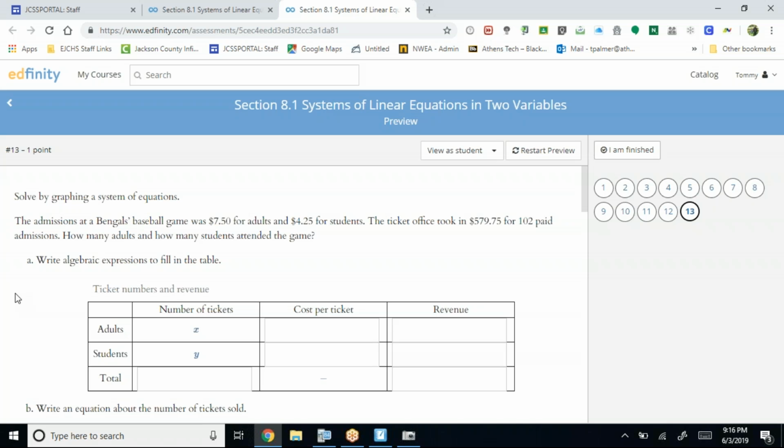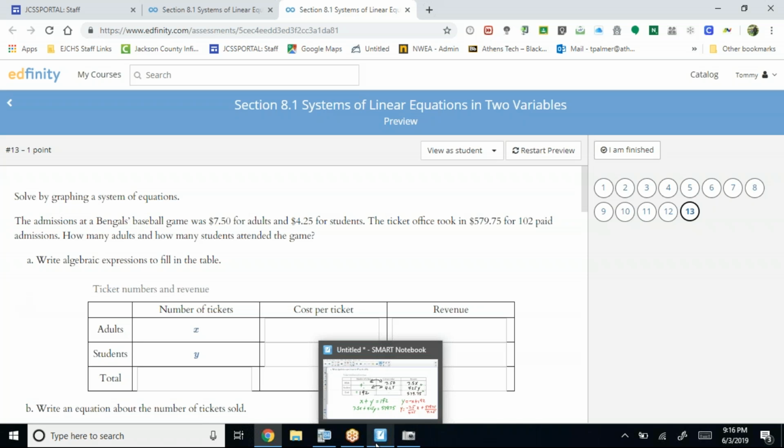You can do that. The problems that they've started out with are solving by graphing. Now, I can show you. Well, it's better just to do graphing, because that way you can see all three.